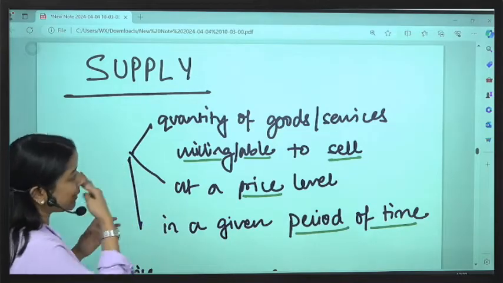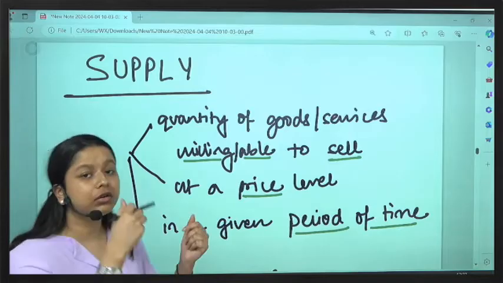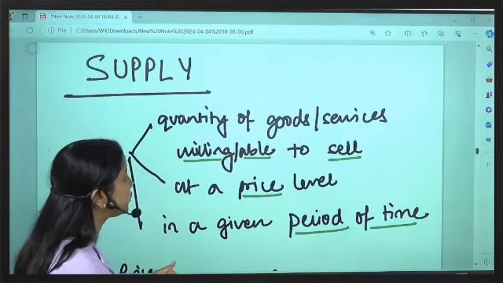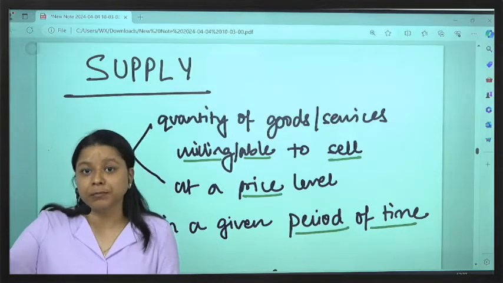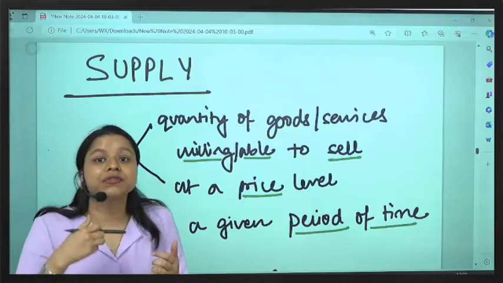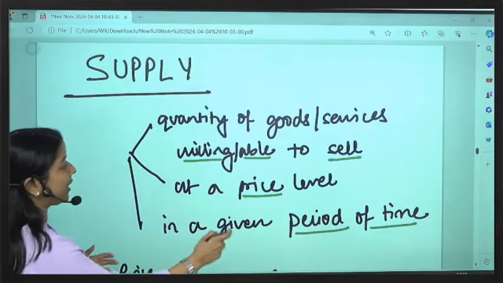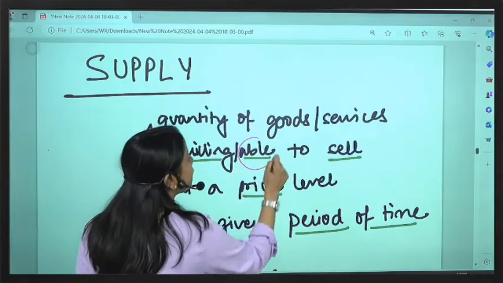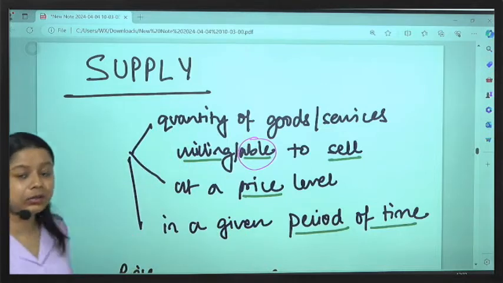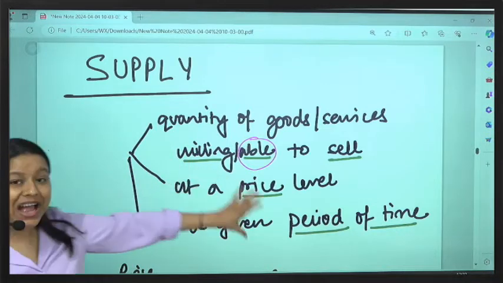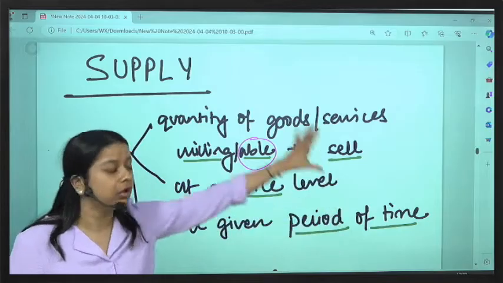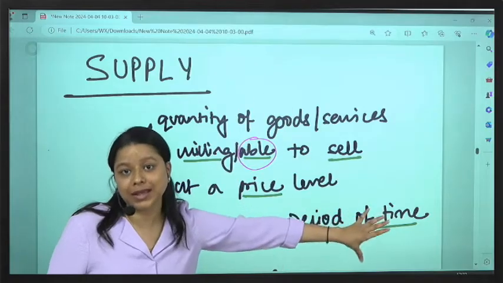When I say supply, just like demand, it's the quantity of goods or services which the firm or the producer is willing or able to sell. Here again, you need the ability and the willingness to sell at a particular price level during a given time period.